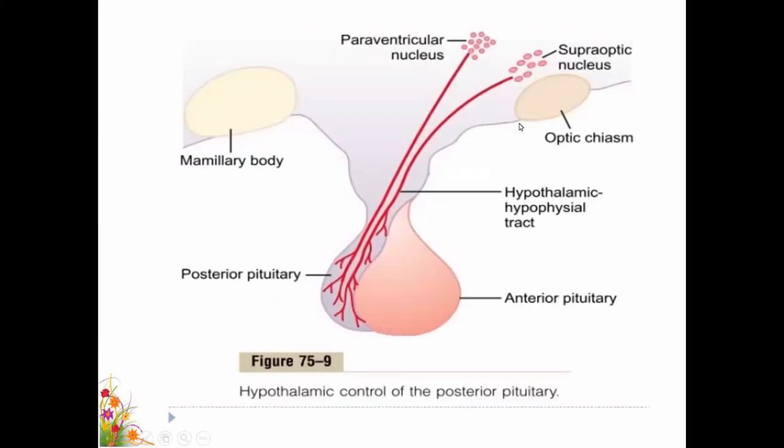In this picture you can see these two cells, supraoptic cells and paraventricular nucleus. The main function of the posterior pituitary gland is supporting the nerve endings originating from these cells and passing through the pituitary stalk.